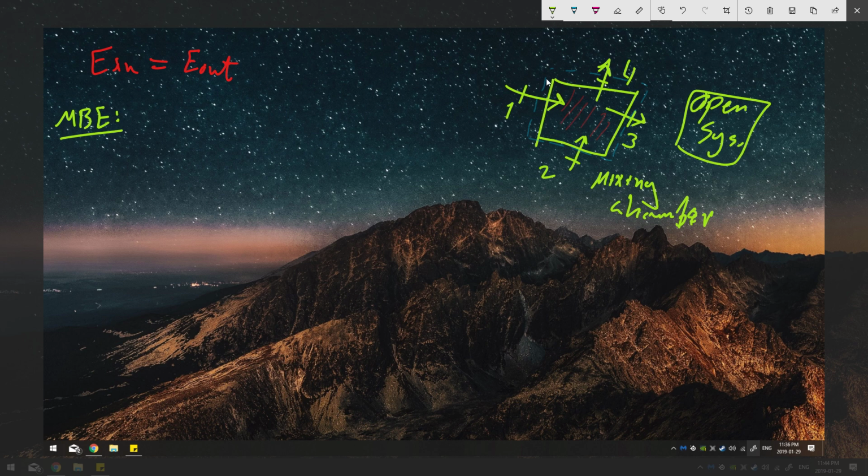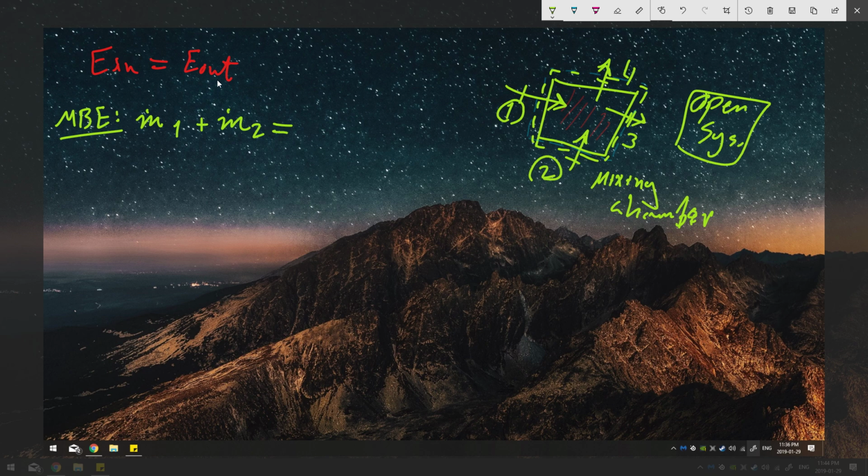Looking at our boundary here, what are the inputs when it comes to mass to this system? We have M1 and M2. So we can write simply M1 dot plus M2 dot. There's no other inputs when it comes to mass in here. So we put an equal sign.